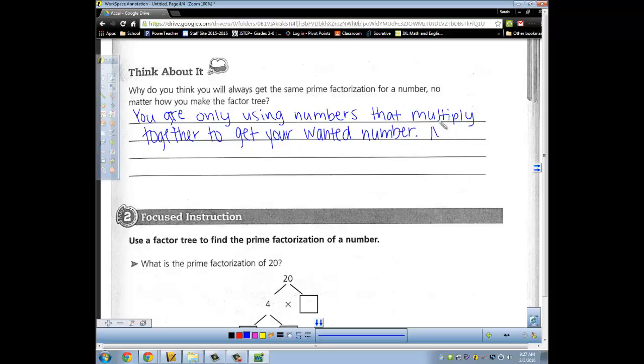So no matter how you multiply different factors, you still get the same result.